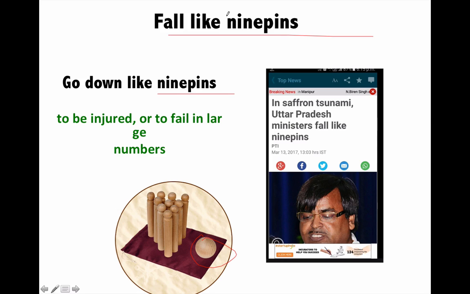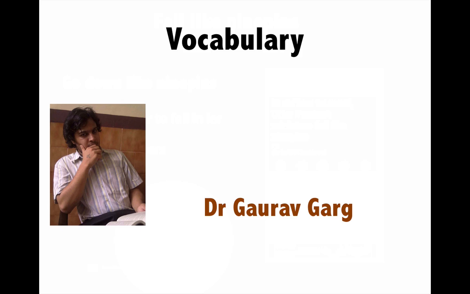So to go down like nine pins or to fall like nine pins means when you are injured or you fail in large numbers. So there was this headline that in Uttar Pradesh BJP got the resounding majority. So what happened to the opposition leaders who were ministers? They fell like nine pins, which means they lost in large numbers or they failed in large numbers.